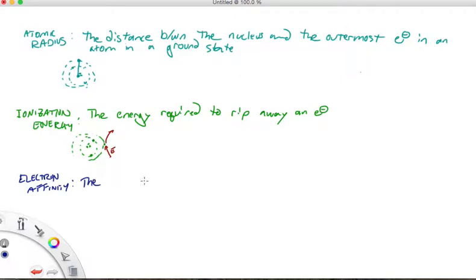The attraction of a rogue electron, or the ability of an atom to attract. Let's just call it a rogue electron.